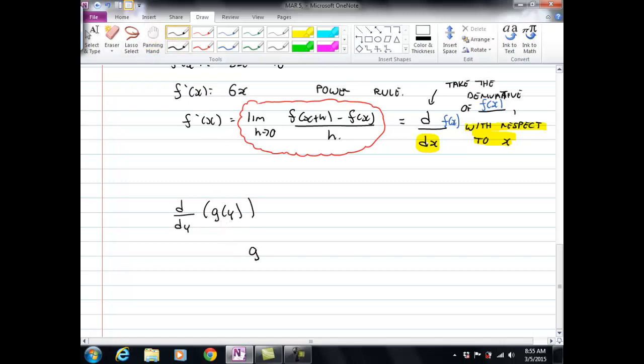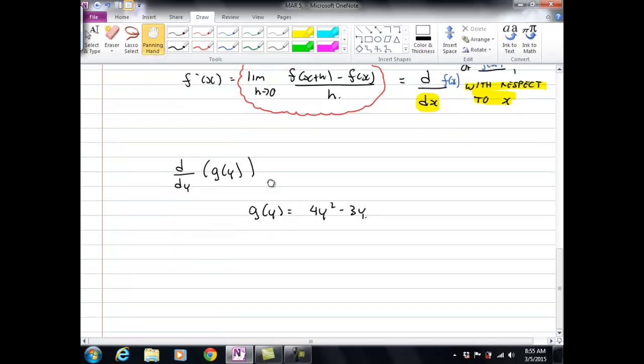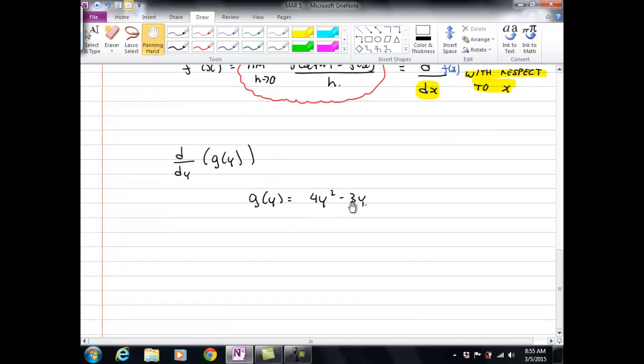So if I tell you that g of y equals 4y squared minus 3y, now what they're asking you is, see, I don't have x anymore. So that's why this is not an x on the bottom. This on the bottom tells you what it is with respect to. This will play a huge role next week when I talk about time.